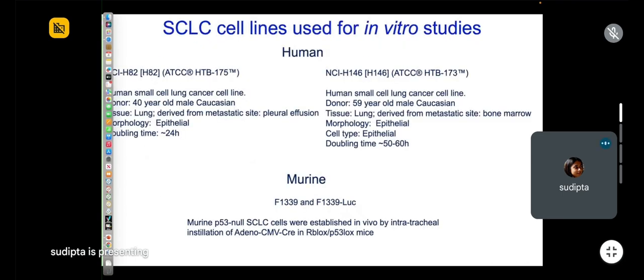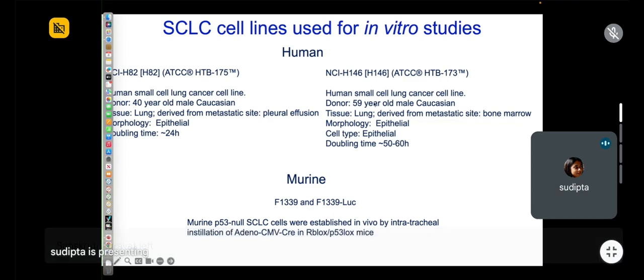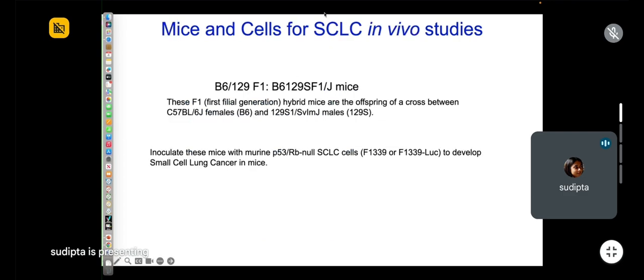To do that, we used two different human cell lines for in vitro assays, H82 and H146, and one murine cell line, which is p53 null, F1339. And for in vivo assays, we used the mouse model I made, with the p53 and RB null small cell lung cancer cells that I just showed, F1339, to develop the small cell lung cancer.